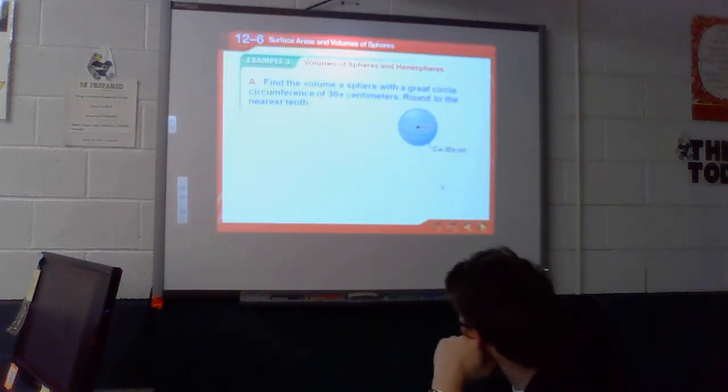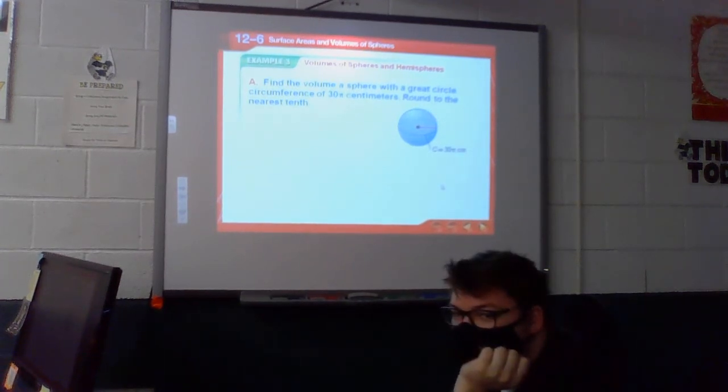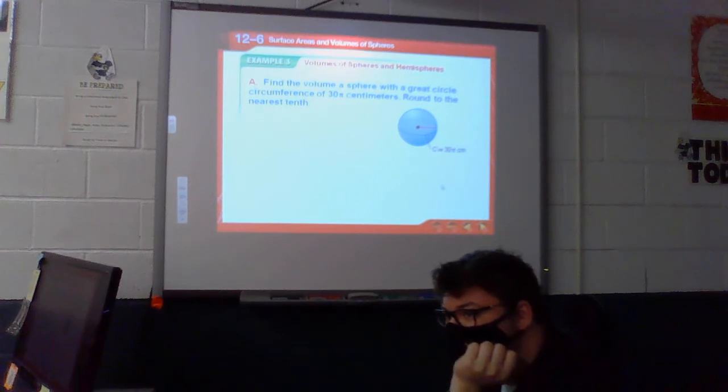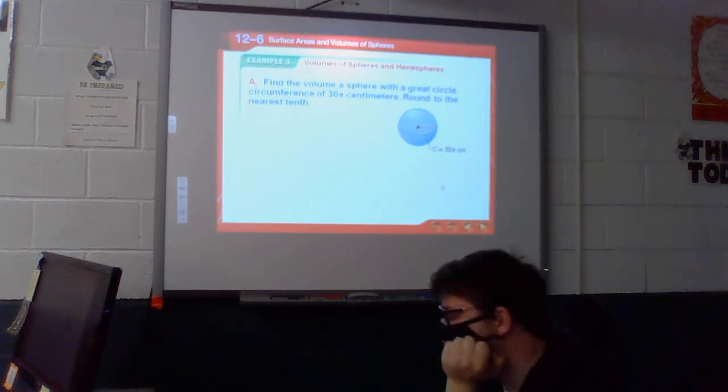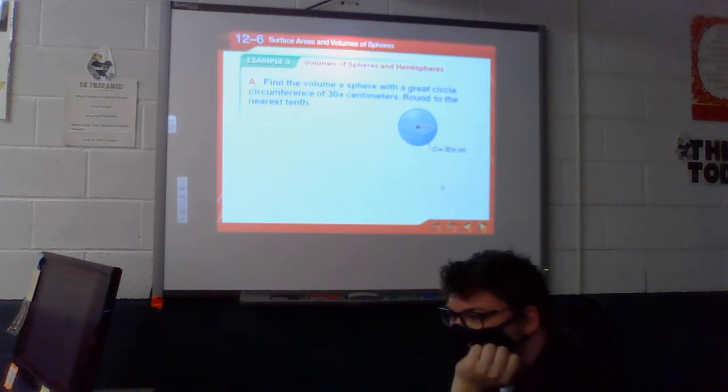So find the volume of the sphere with the great circle's circumference of 30 pi. So just like Cameron said before, we're going to use that circumference to find our radius, and then once we find our radius, we just plug it into the formula. So the biggest thing here is, do they give me a circumference or do they give me an area? And then I have to make sure I take that and put it with the right formula.